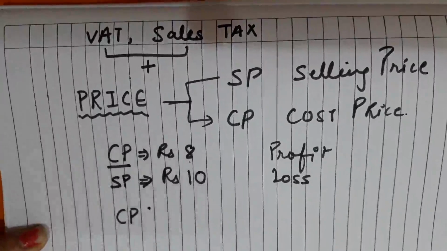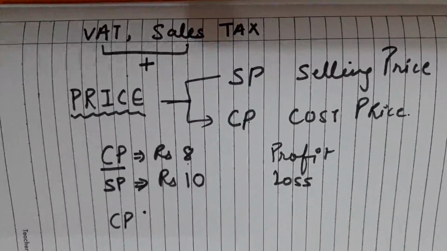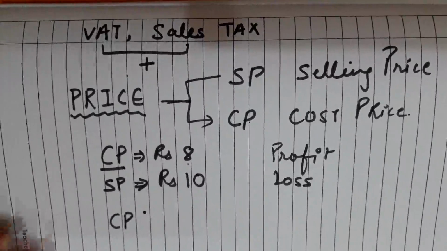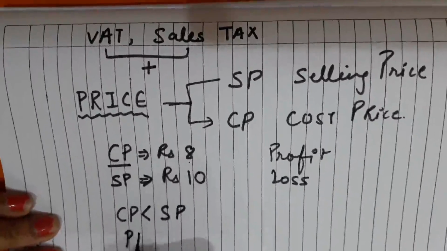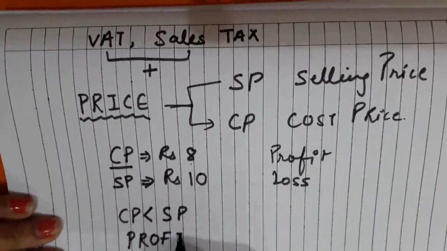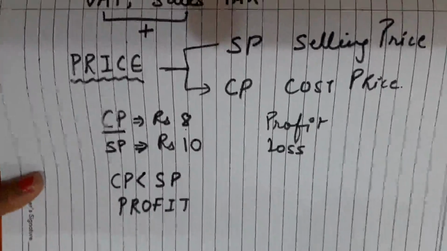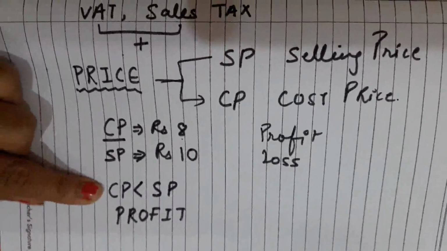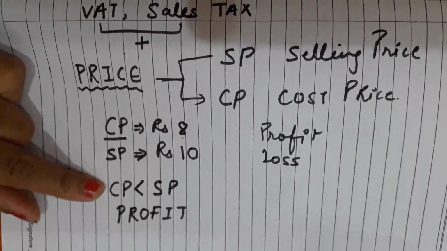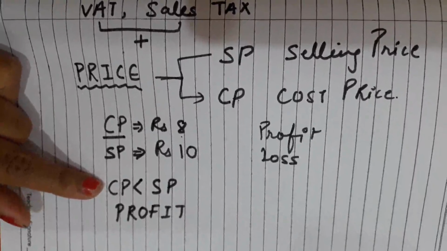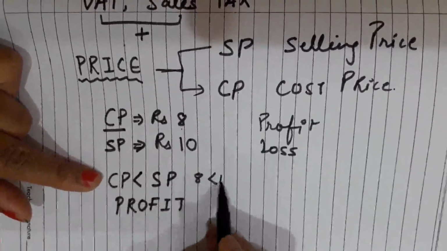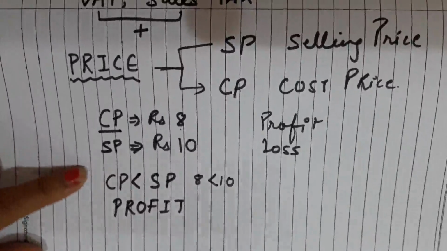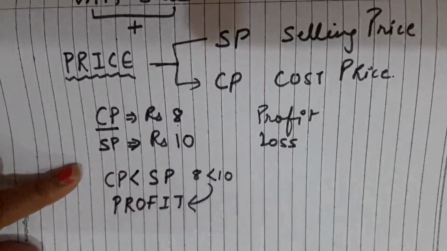If your cost price is smaller than your selling price, it means you are getting profit. I have bought that pen for rupees 8 and I want to sell that pen at rupees 10. It means cost price is 8 and you are selling at 10, so it is smaller. It means in this case you are getting profit.